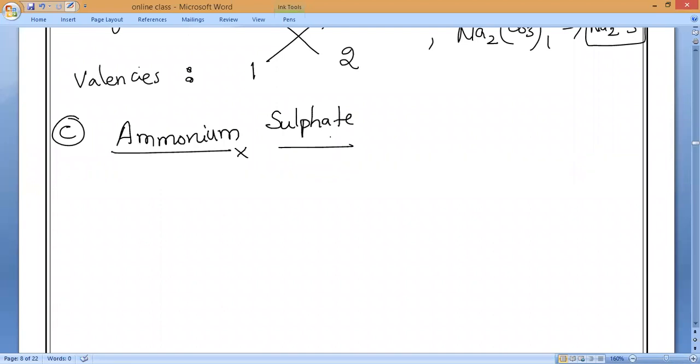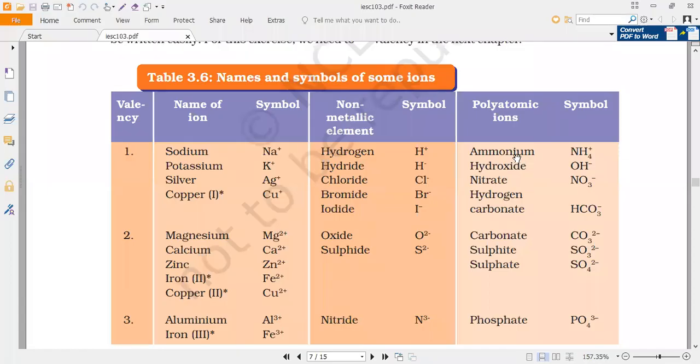Ammonium sulfate. Now, go to the tabular column and check it. Ammonium and sulfate, wherever they are. And I taught you, do you remember the one and only positive polyatomic ion? Who is the one and only positive polyatomic ion? Ammonium, sir. Ammonium. Check it here, all of you.